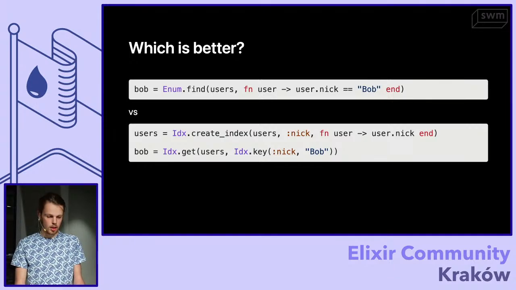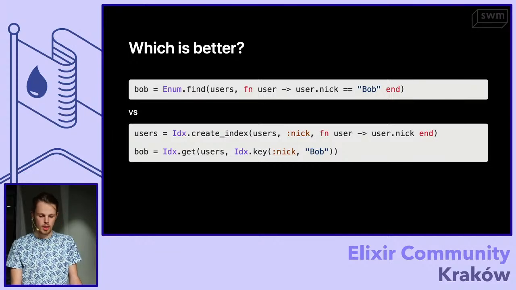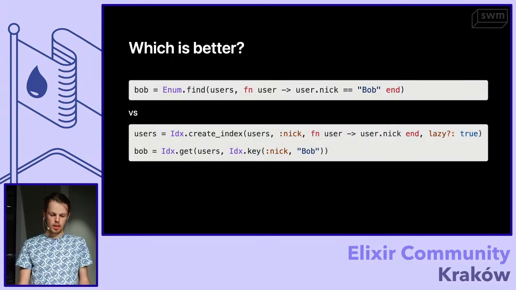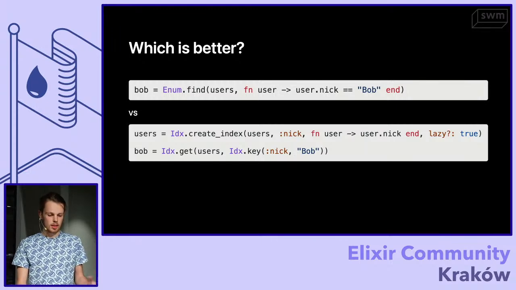That's why IDX provides a feature called lazy indices. We can pass an additional argument lazy and set it to true. Thanks to that, this access will work the very same. Both examples will work in the same complexity.